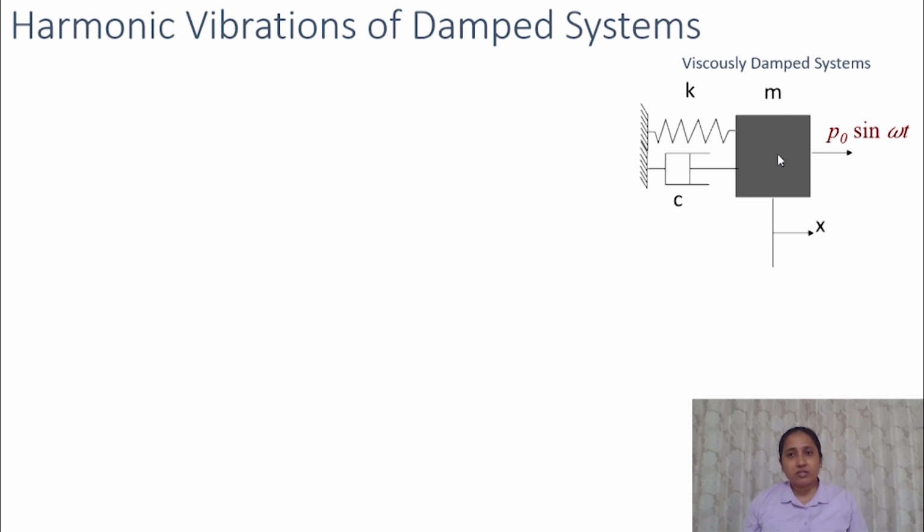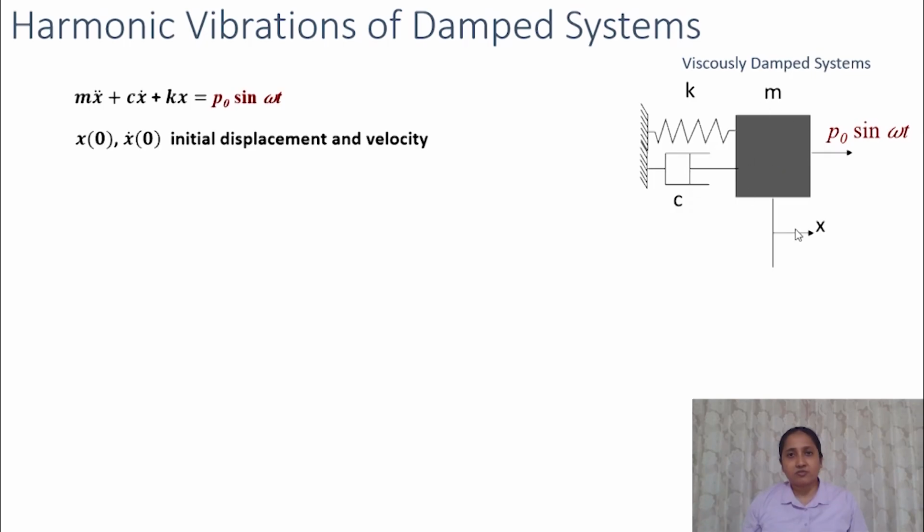The equation of motion of this type of system we have written for free vibrations, and in forced vibration, when a harmonic force of P0 sin omega t is acting on the system, the equation of motion becomes mx double dot plus cx dot plus kx is equal to the harmonic force P0 sin omega t. The system will have some initial displacement and velocity, and we assume that we know these initial conditions.